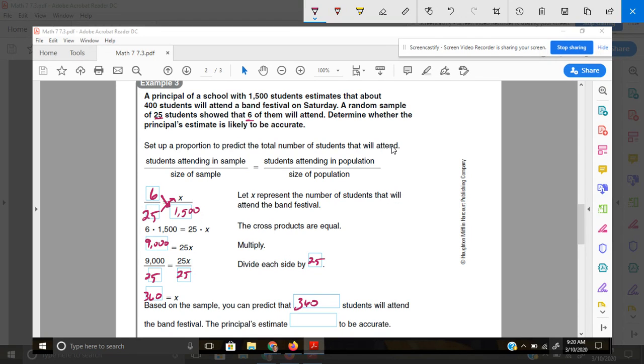The principal's estimate, about 400, is likely to be accurate. He took a random sample of just 25 and used that to cross multiply to find the actual number of students that he thinks will be there. So 360 is pretty close to that 400 that he was estimating at first.